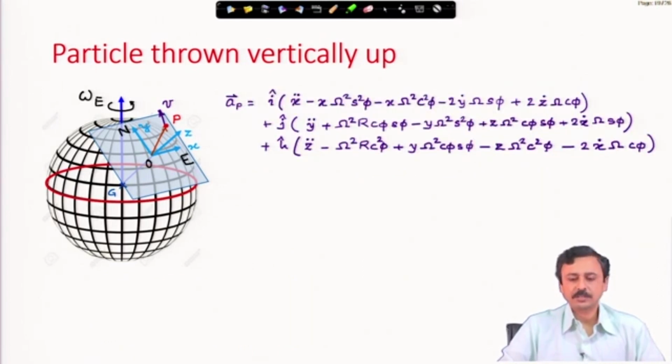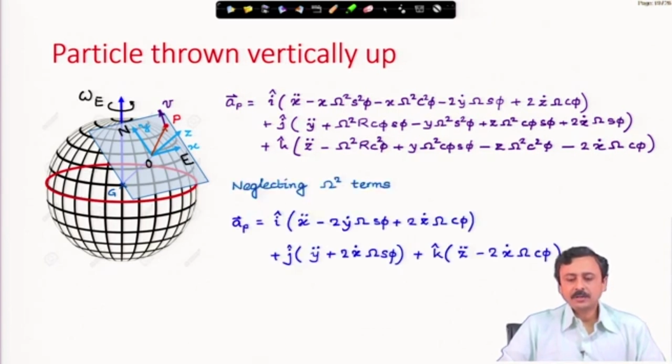Now, here we are again going to make a simplification: omega of the earth is very small, 10 to the power minus 5, or 7 times 10 to the power minus 5, which is like 10 to the power minus 4 radian per second. Therefore, we can drop omega square. Suppose we drop omega square and then look at the acceleration, then it simplifies a little bit, and this is the expression of acceleration when you neglect omega square terms.